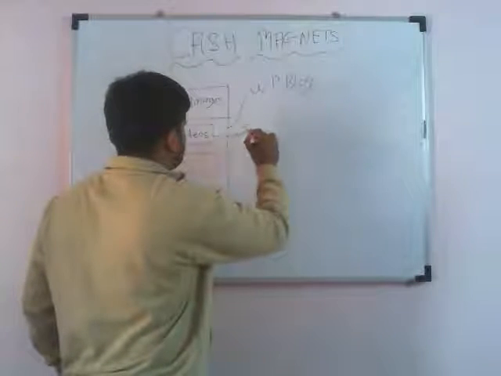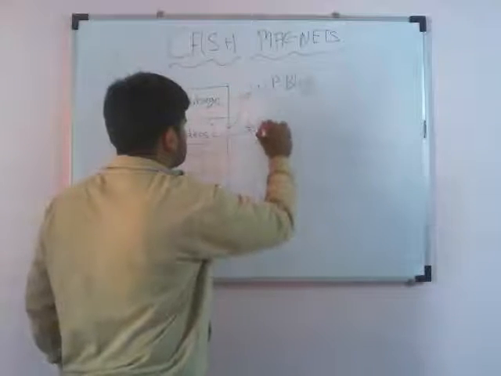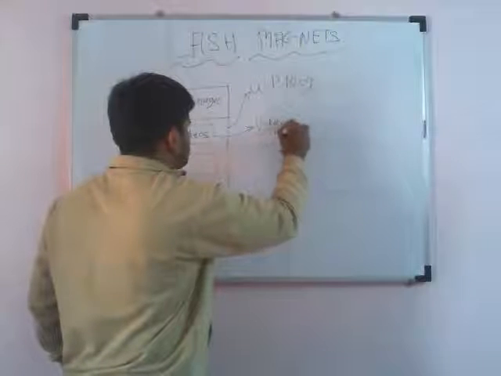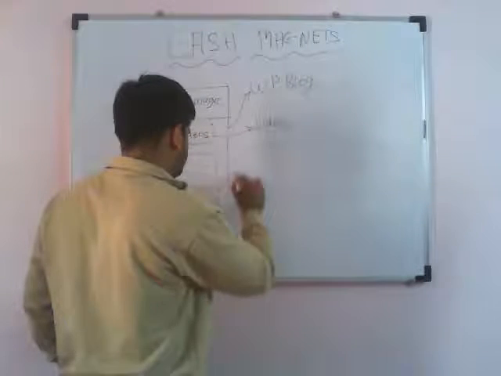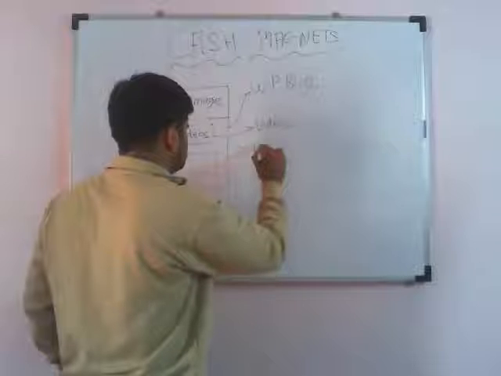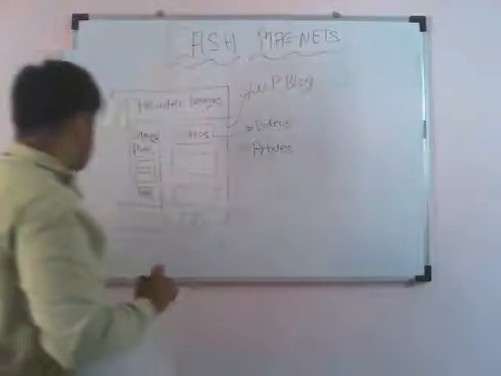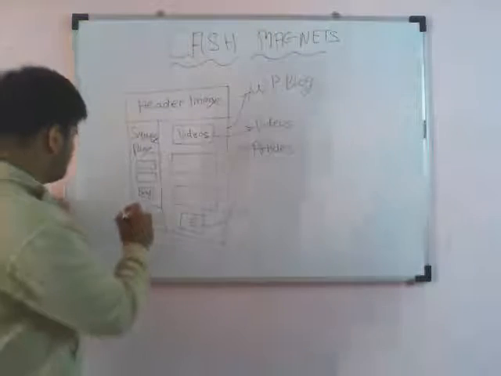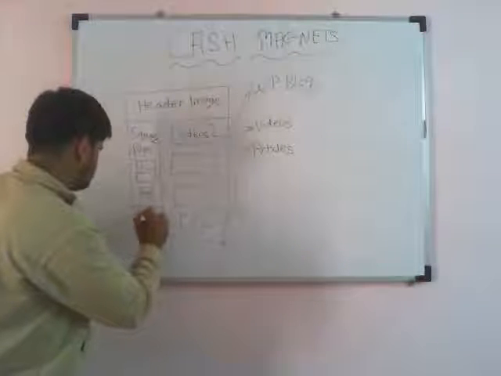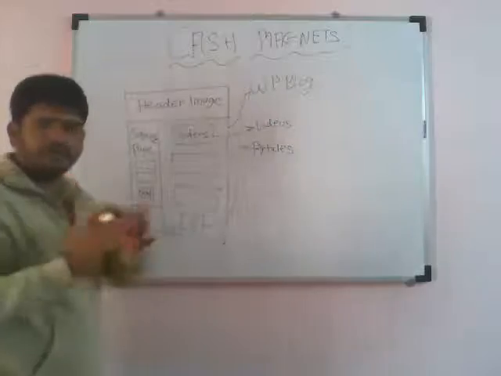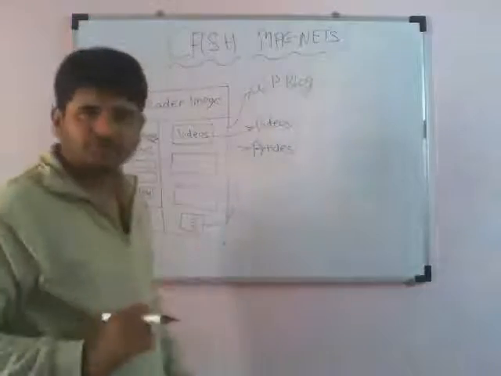Next component you need is videos, then you need articles. Then you have something called categories. This will actually bifurcate your website into a silo structure.